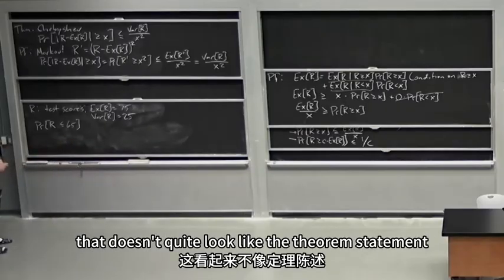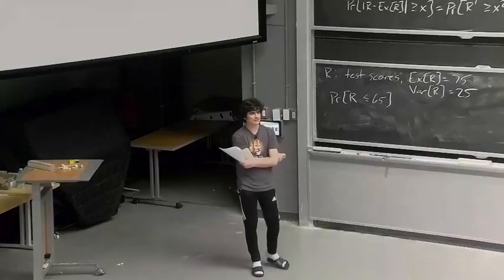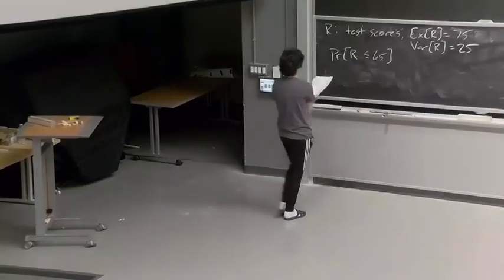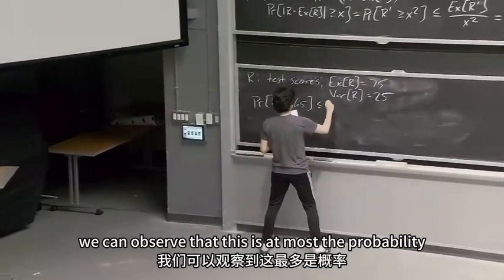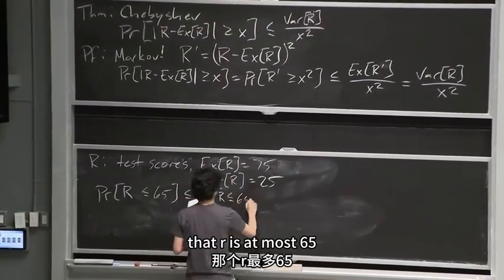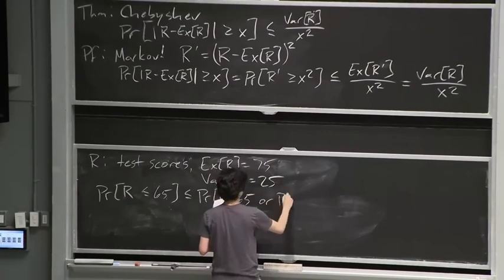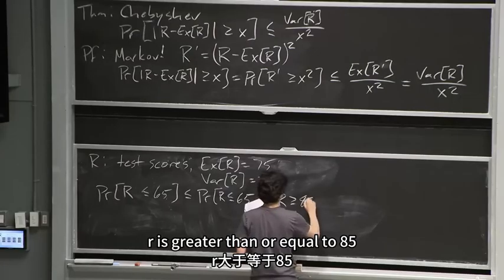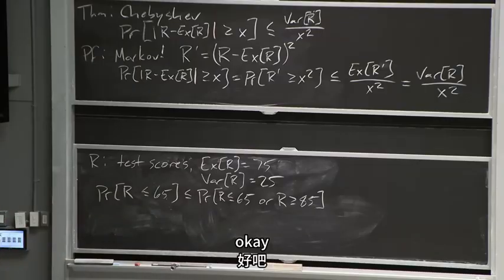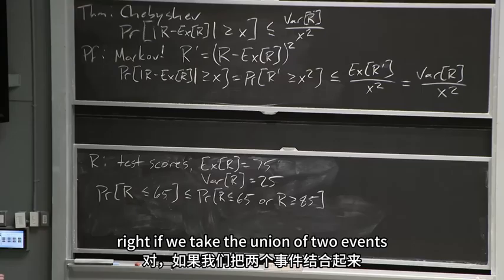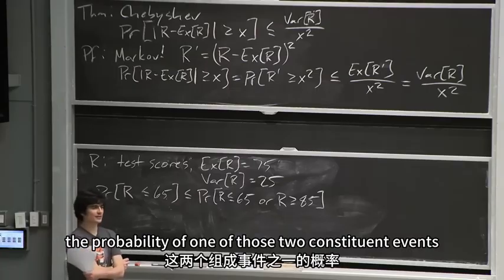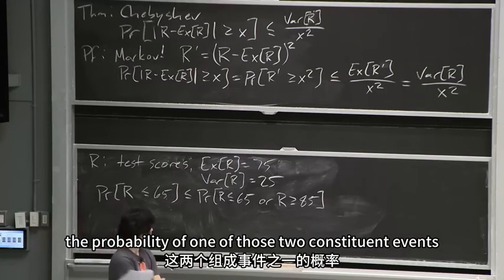It doesn't quite look like the theorem statement, right? But we can observe that this is at most the probability that R is at most 65, or R is greater than or equal to 85. If we take the union of two events, that union has at least the probability of one of those two constituent events.